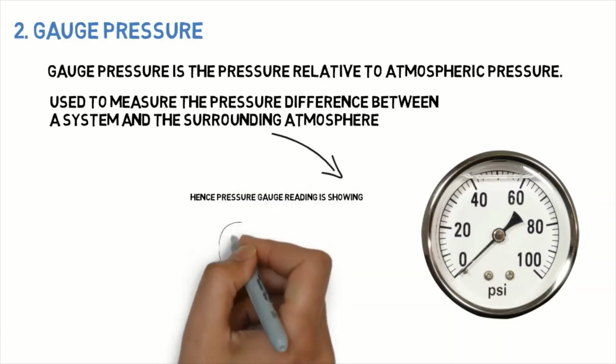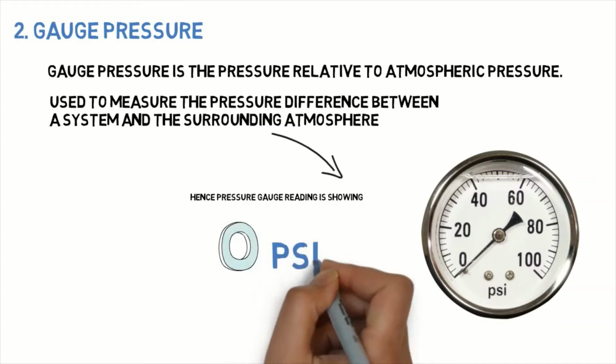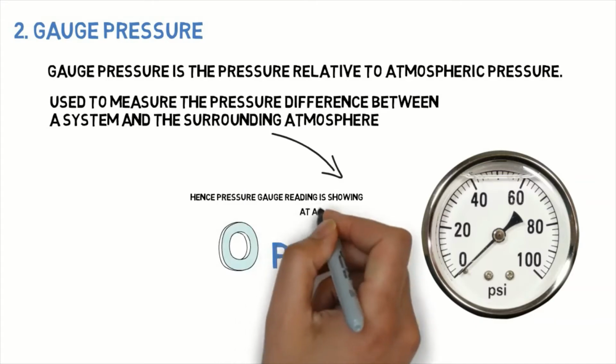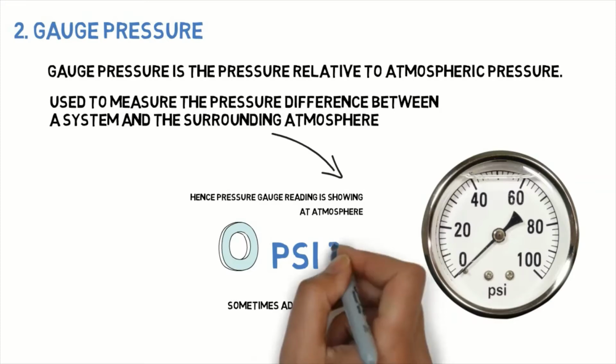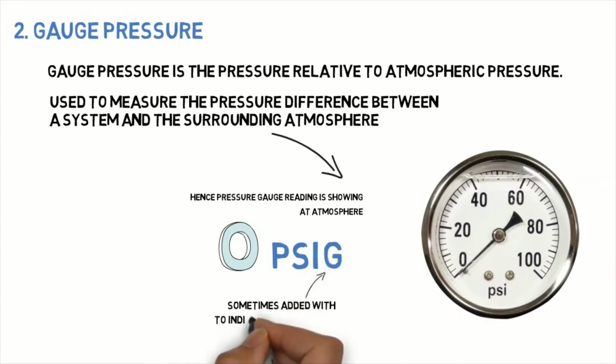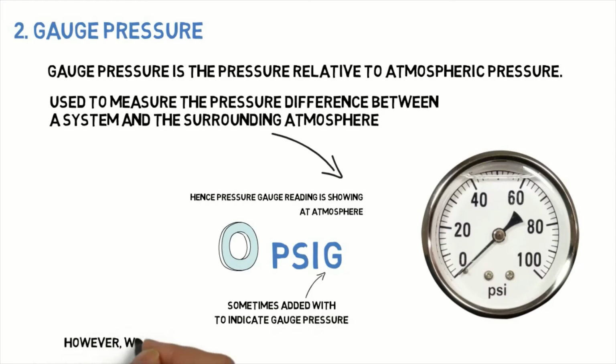That's why the reading of a pressure gauge shows 0 at atmosphere. Sometimes, the pressure unit is followed by G to indicate gauge pressure. However, without G, it is understood as gauge pressure.